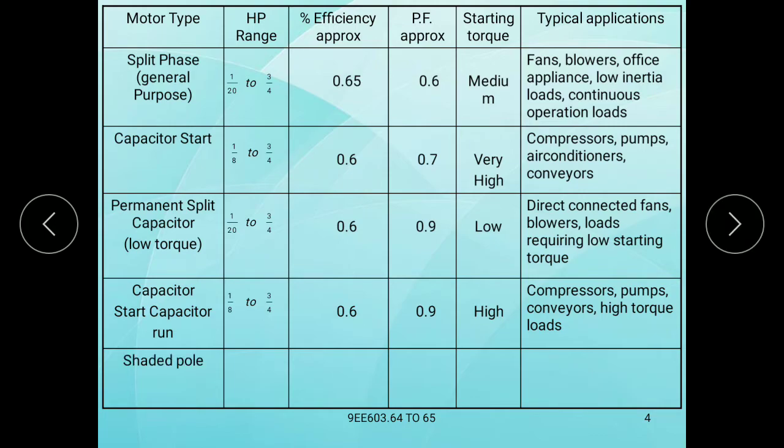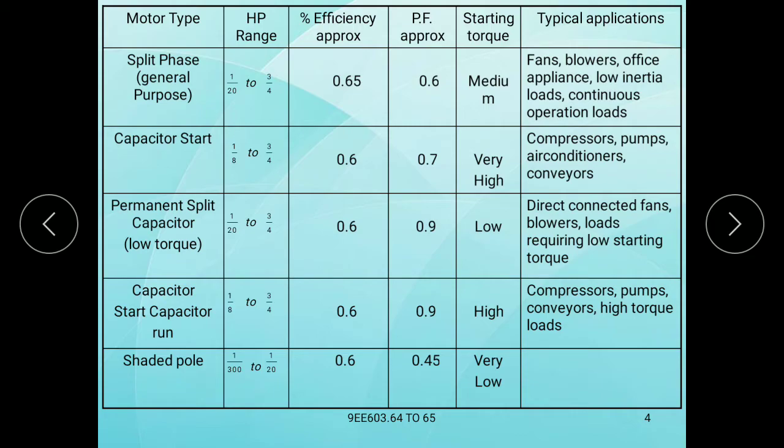Now the shaded pole motor, 1/300 to 1/20 HP. This is a very small rating motor. Efficiency is also 60% and the power factor is very poor, 0.45, and the torque is also very low.